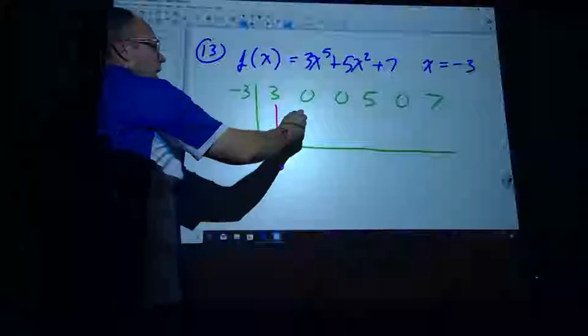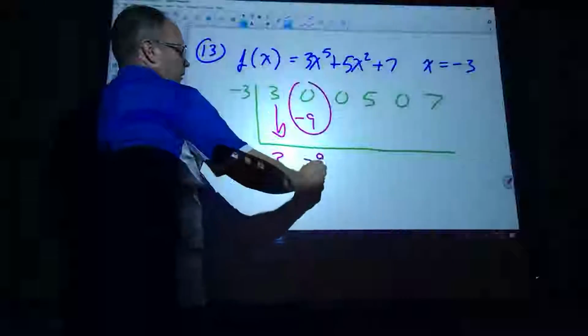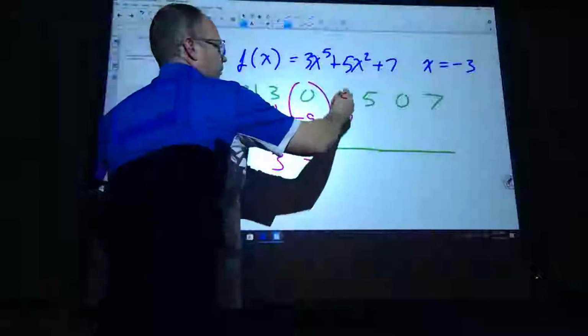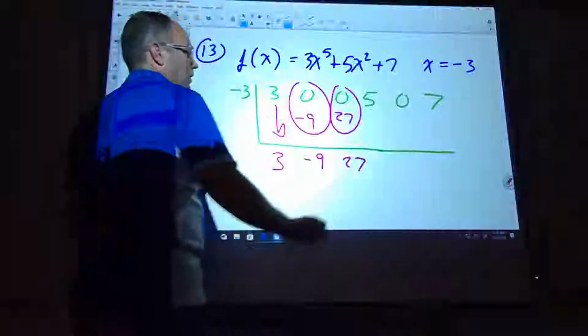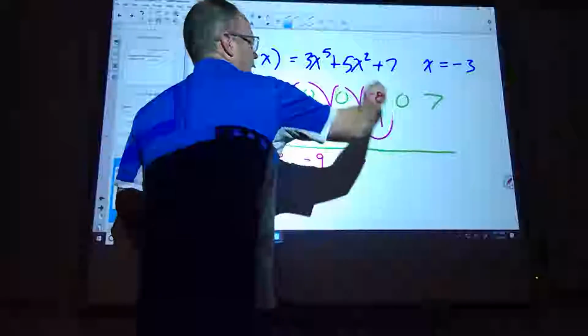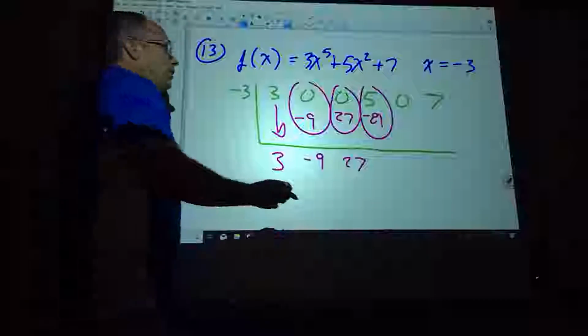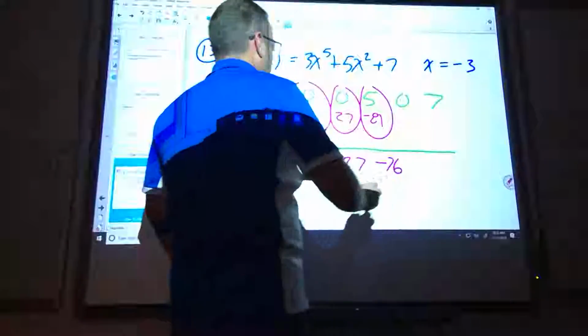Bring it down, multiply. Combine those. What do I get when I combine those? 27. Uh-oh, that's going to be negative 81. What do I get when I combine those? Negative 76. Someone have a calculator out because I can't do this in my head.